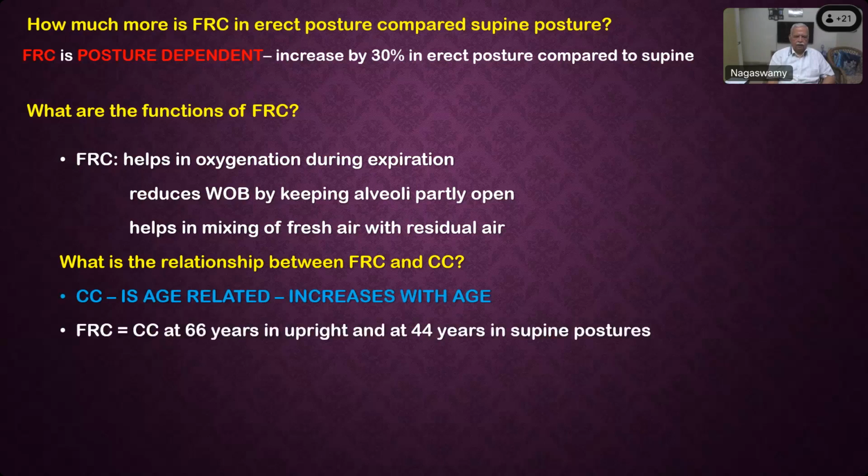So FRC is equal to closing capacity at 66 years of age in the upright position and at 44 years in the supine posture. As the person becomes aged, the closing capacity goes on increasing and almost becomes equal to FRC even in the erect posture, when it should normally be lesser than the FRC.